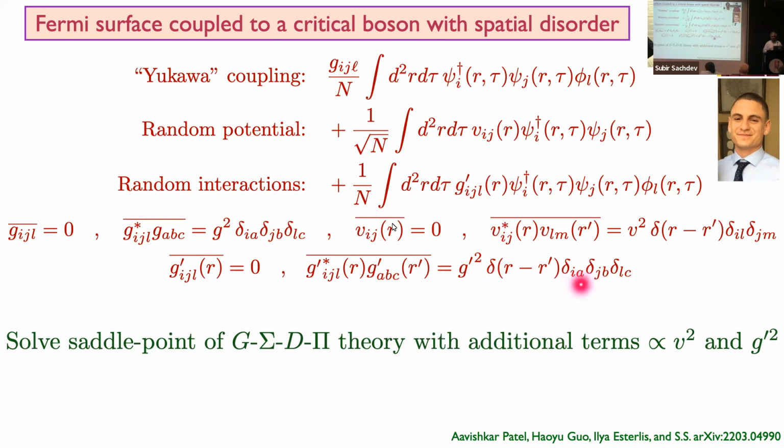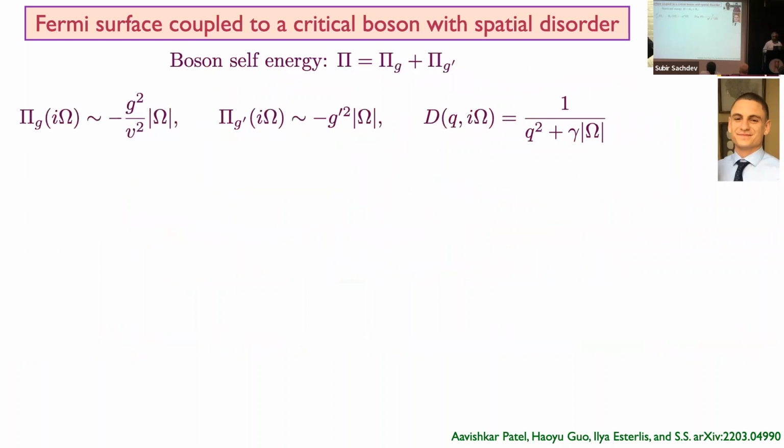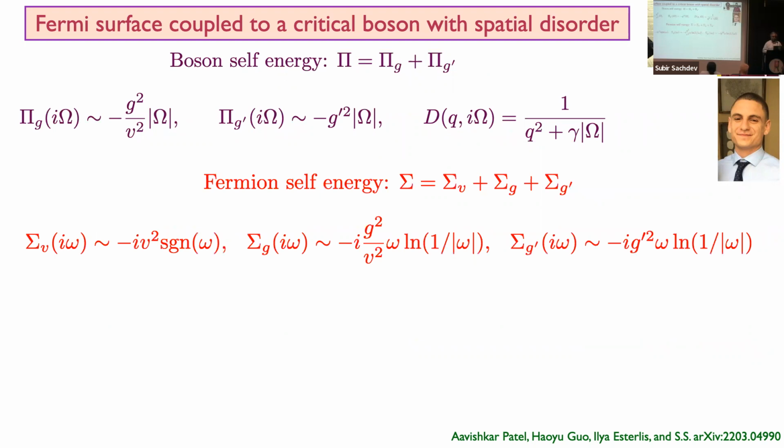Now you get a delta function, the correlator of G prime. And now it turns out you're in business. So now you can solve the same set of graphs. You get a very similar boson propagator, which is diffusive. And you get the fermion self-energy has this omega log omega term also, just like this random potential gave you.